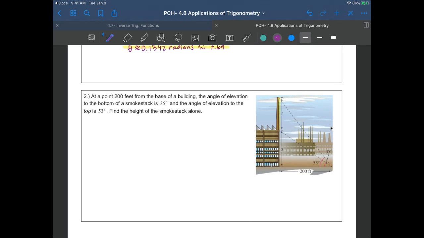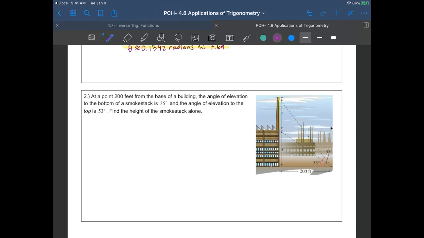All right, so what we're going to do is figure out the smokestack, 200 feet. Okay, so we're going to set up our right triangle using our 35 first.